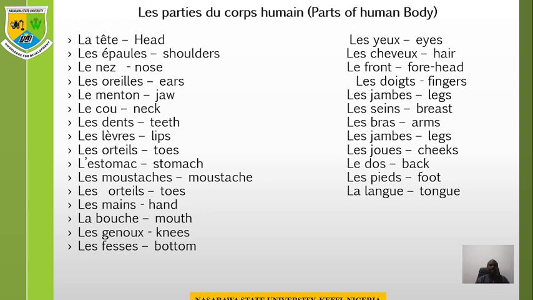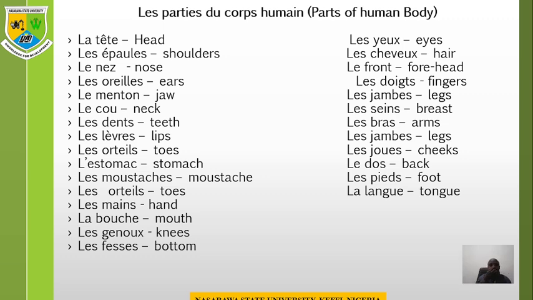Now, let us study parts of our body. Les parties du corps. Say it after me. The topic is les parties du corps humain. La tête means head. Les épaules means shoulder.